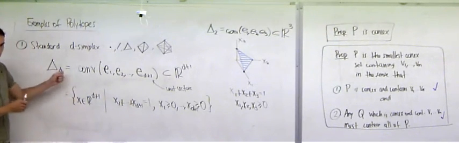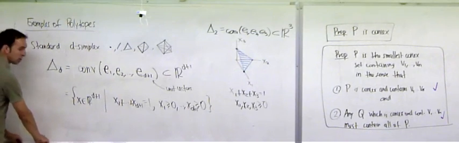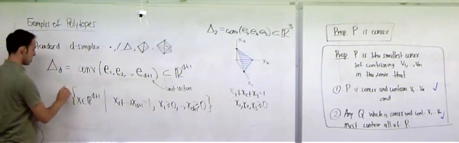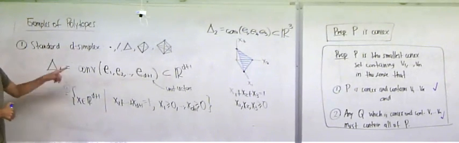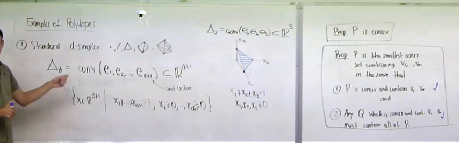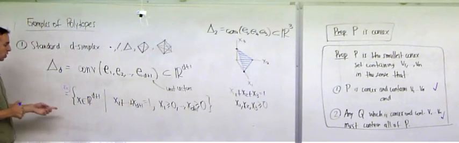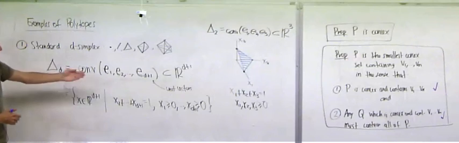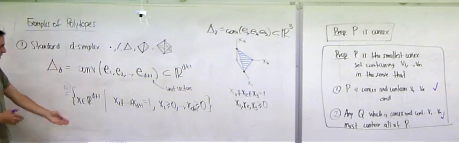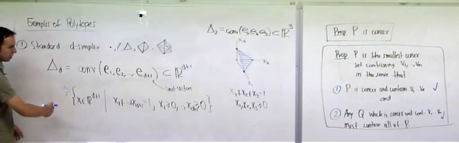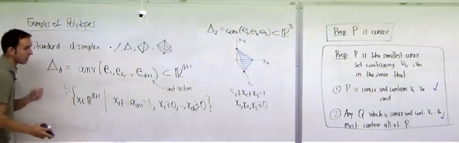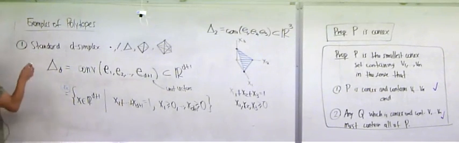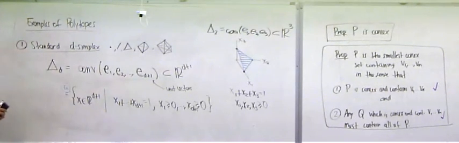This equality is not obvious, so I'm giving you a lot of little exercises to fill in. This is a very good exercise, and in the homework there is a very similar problem, so it's good if you work this one out as a warm-up. What I'm saying is that to be in the convex hull of this is the same as to satisfy this equality and these inequalities. So these are two ways of defining the standard simplex. Any questions about the standard simplex?